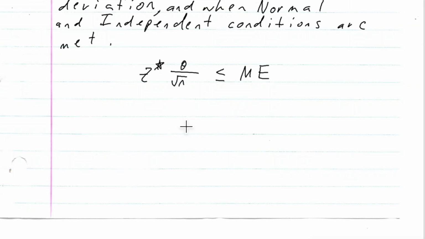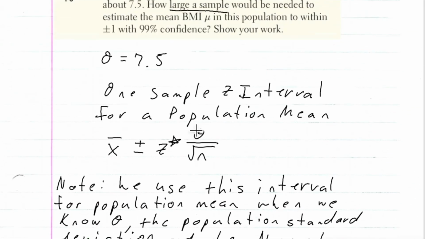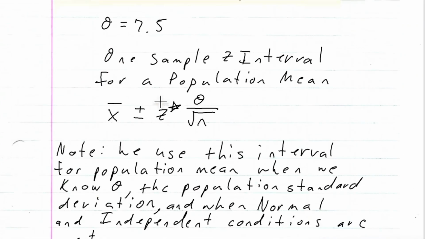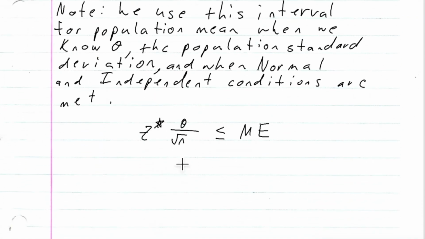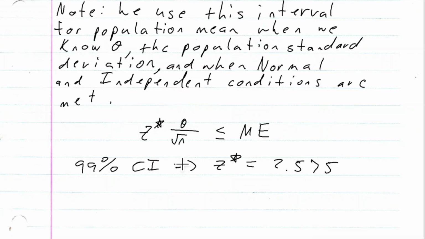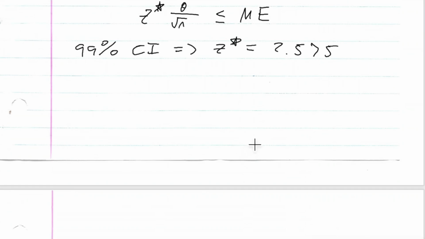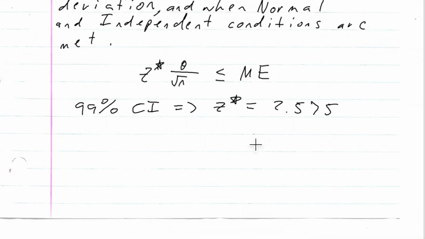All right, so we have this 99% confidence interval for z. So remember, when we're dealing with a 99% confidence interval, this implies that z star must be equal to 2.575, right? We did that in a previous problem.